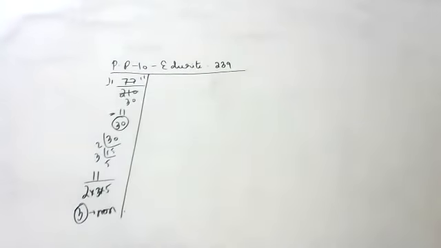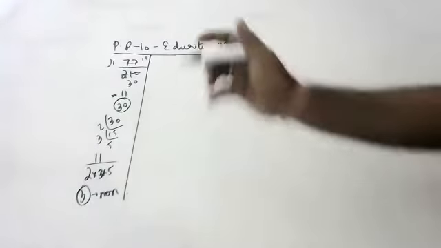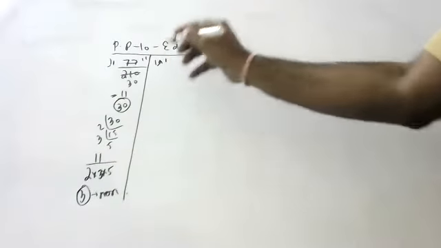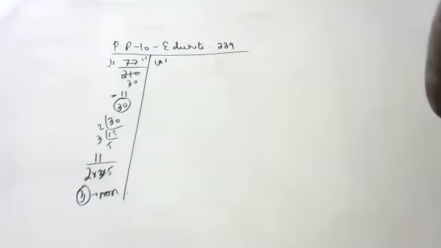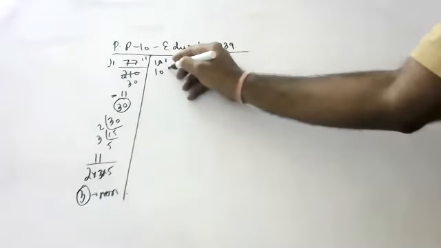Next, go to the orbit questions, children. Find the simplest form of 1095 by 1168.